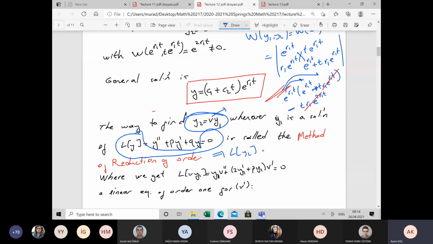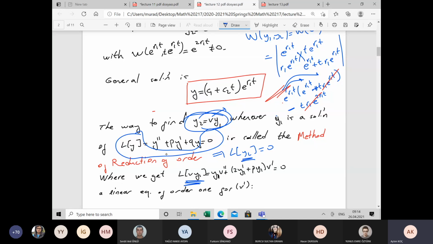Substitute y sub 2, which is v times y sub 1, into our differential equation. This should be 0, because y sub 2 is a solution. We claim that. It's okay?